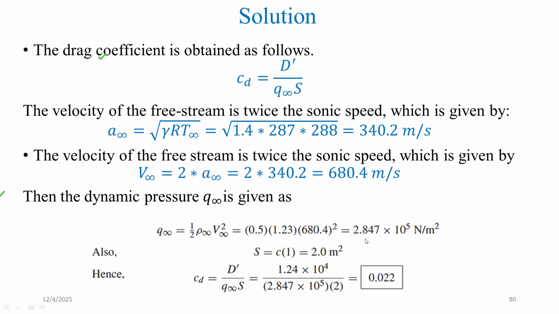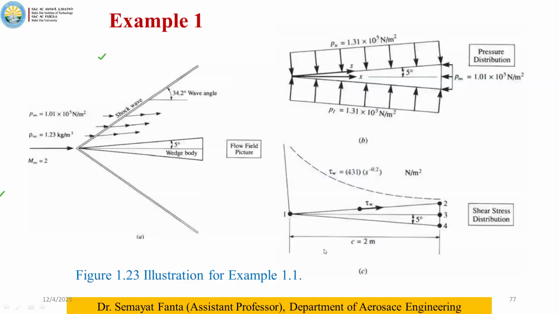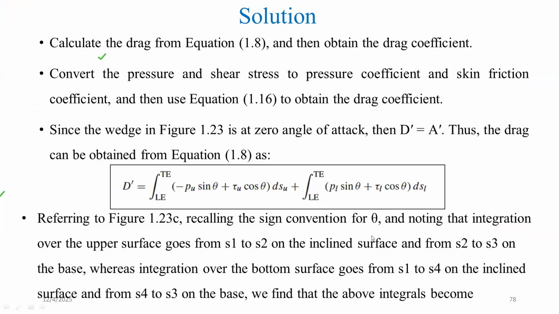Okay, so for the given wedge, S is equal to C times L. We are given that the wedge length is 2 meters, and L is considered a unit length.